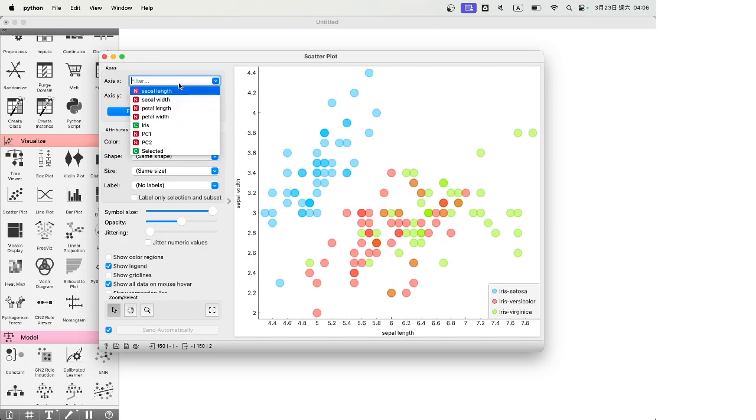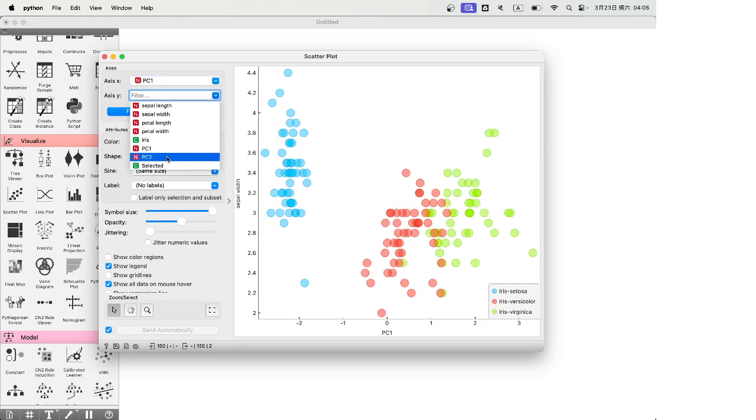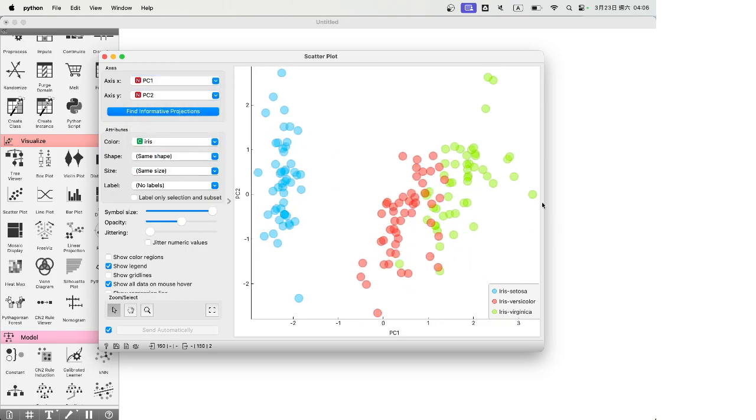Of course, you can use the original dimensions to draw the figure, but you can also use PC1 and PC2. That is the best angle to observe the data if you use only 2 dimensions, 2 principal components.